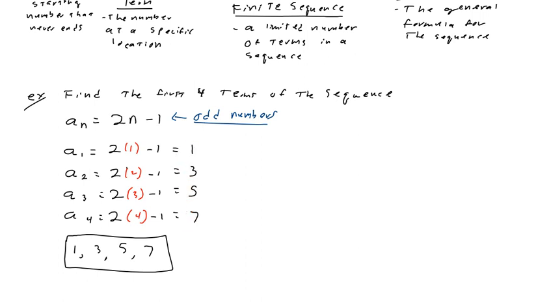So we can have different kinds of patterns. We can use equations to create a pattern. And the more complex the equation becomes, the more interesting the pattern becomes.